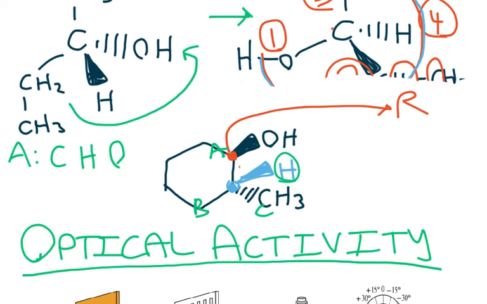And remember, we're not worried about stuff like the hydrogens on here and the hydrogen on there. So that's A. B is bonded to 2 carbons and 2 hydrogens. C is bonded to 3 hydrogens and 1 carbon.